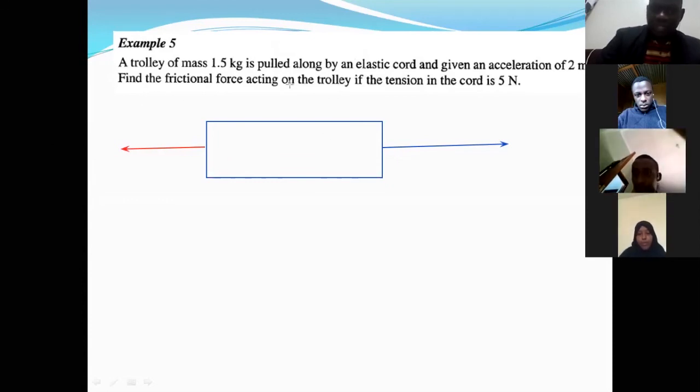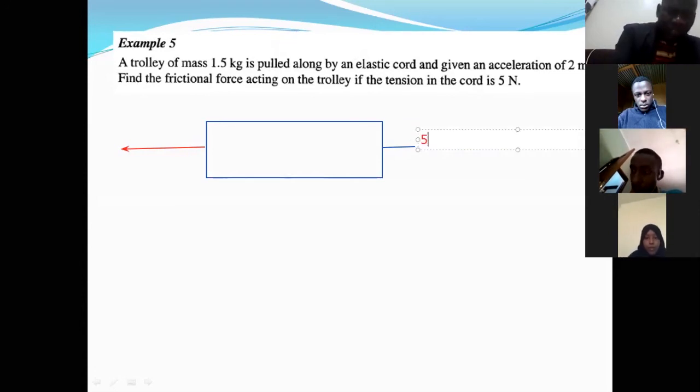So find the frictional force acting on the trolley if the tension in the cord is 5 newtons. So this one here, the tension here, we are taking this to be 5 newtons. And if you are given the answer, 2 newtons.